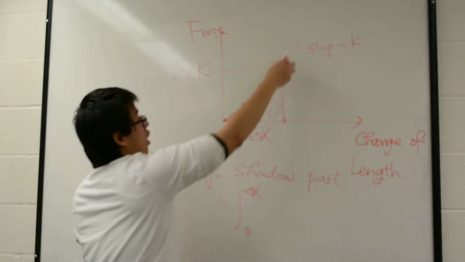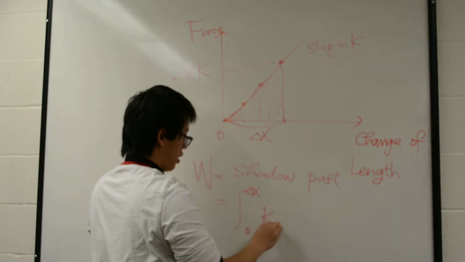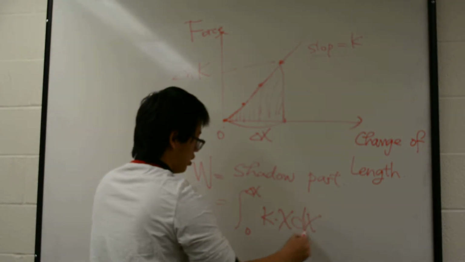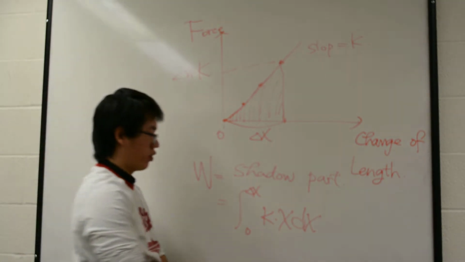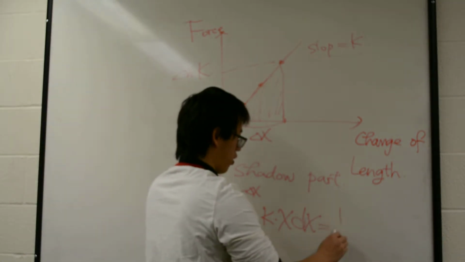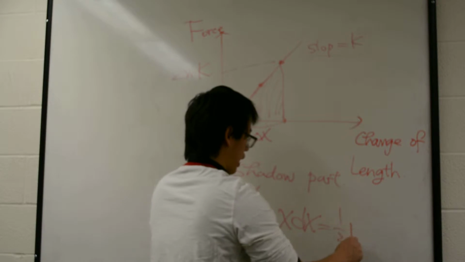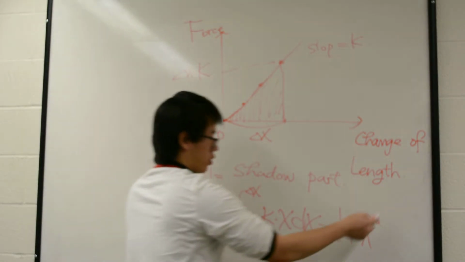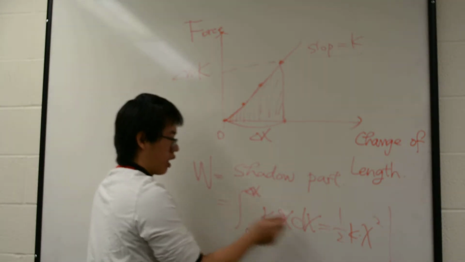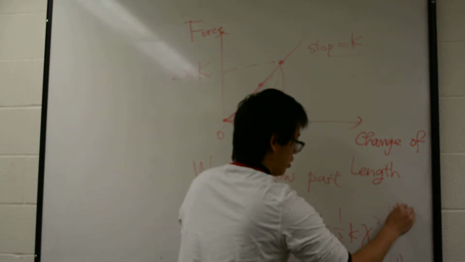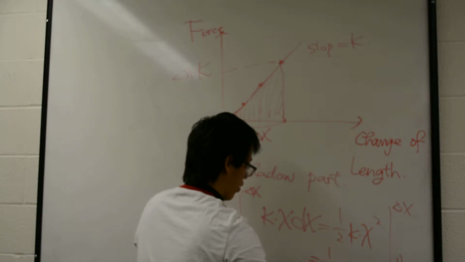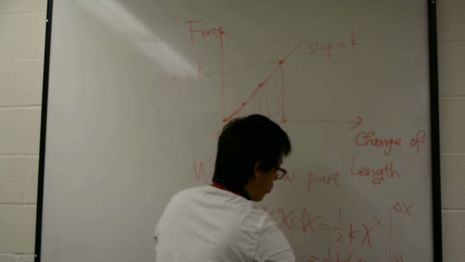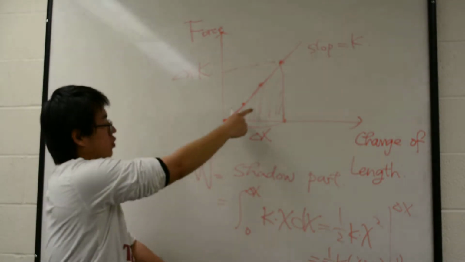Our function is k times x, dx. This is something very easy for you. You get 1/2 k times x squared, integrated from 0 to delta x. So you have 1/2 k times delta x squared. This is the shadow region.